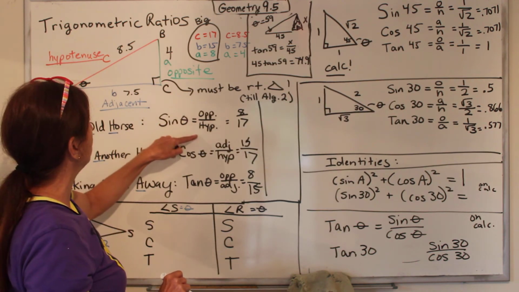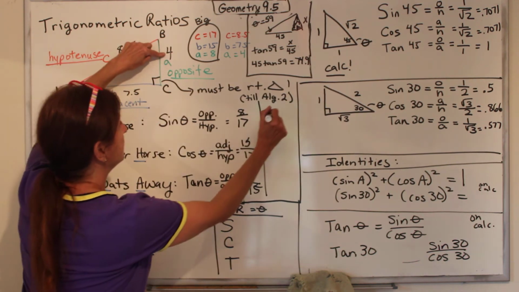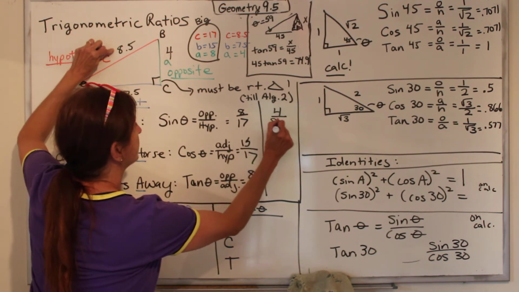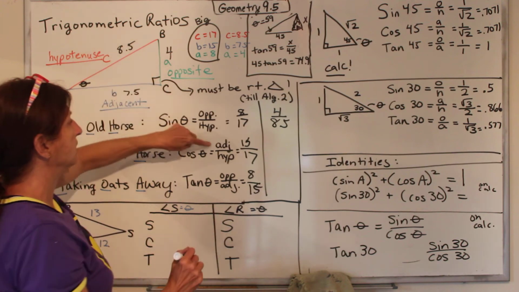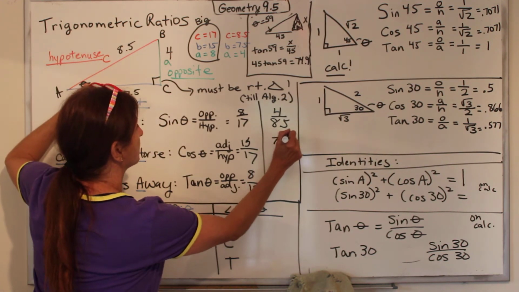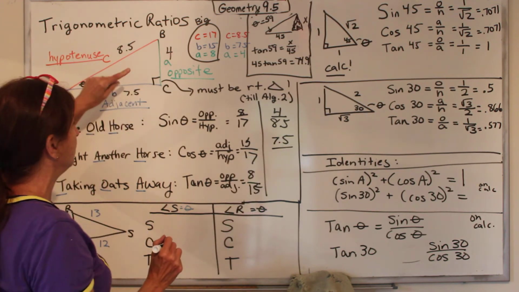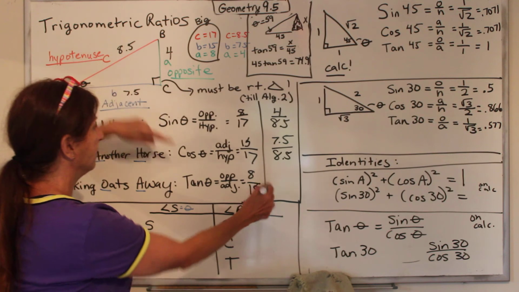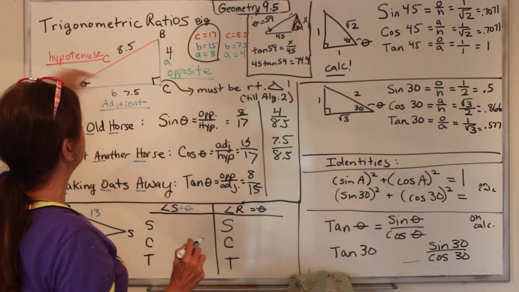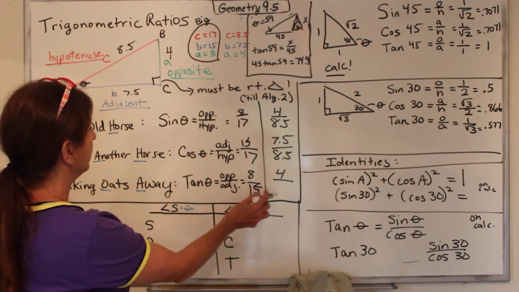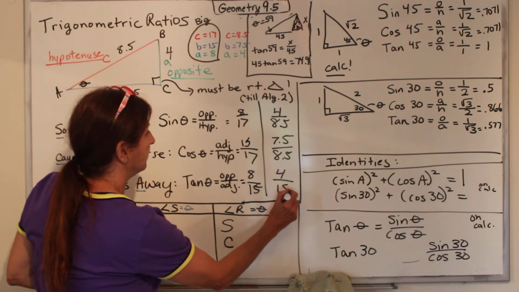So opposite over hypotenuse: opposite is 4 over hypotenuse, which is 8.5. Adjacent over hypotenuse: adjacent, on our small triangle, is 7.5, over our hypotenuse, it's still 8.5. And then for the tangent, it's opposite 4 over the adjacent, which is 15.